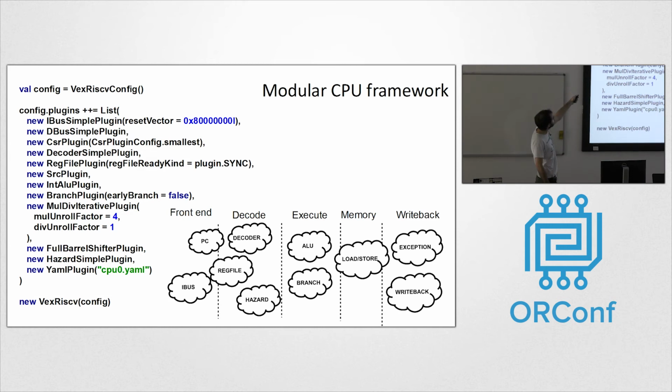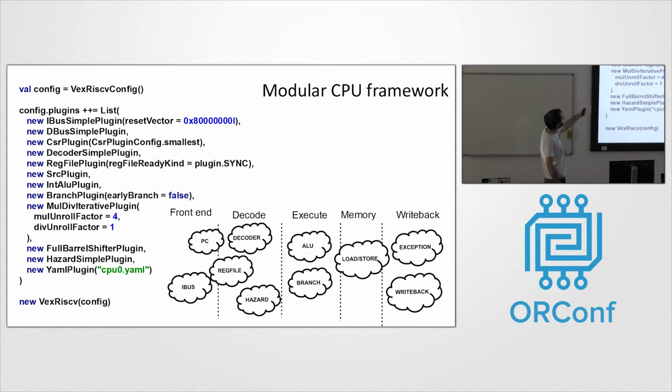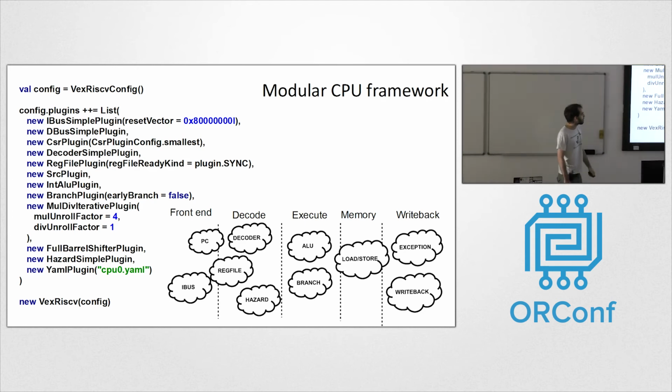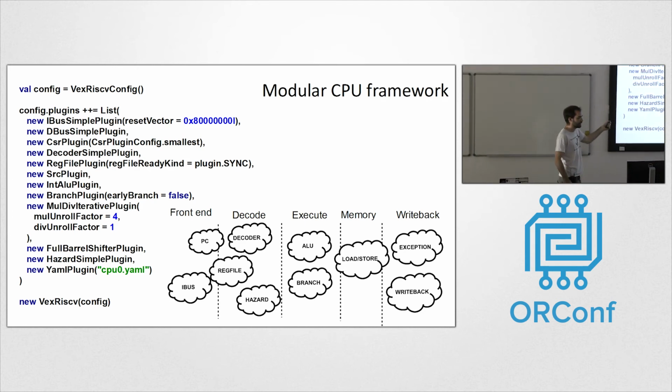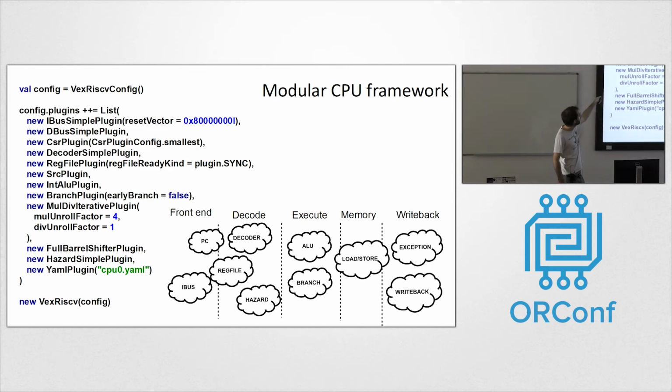You create a VexRiscV configuration, and you fill this configuration with a lot of plugins. These plugins are not just saying, oh yeah, I want the integer ALU. Each one is the real implementation inside the CPU. If you are not happy with the integer ALU implementation plugin, you comment it out, implement your own plugin, feed it in, and you get your own implementation of the ALU for this CPU.